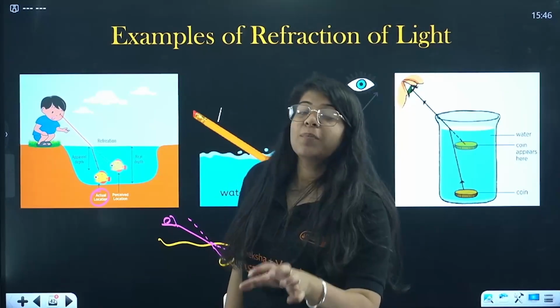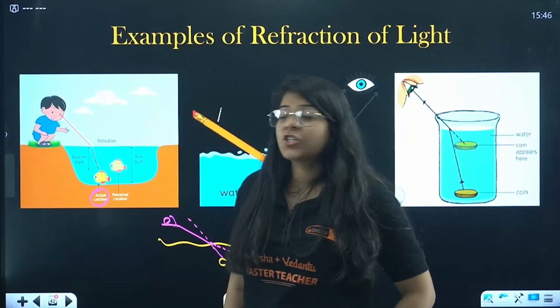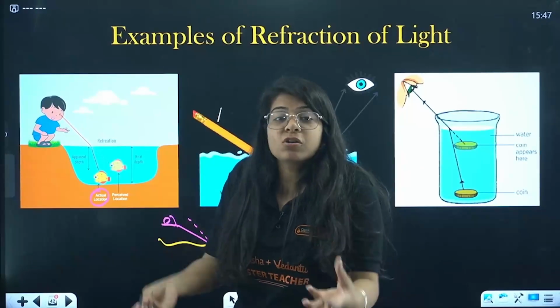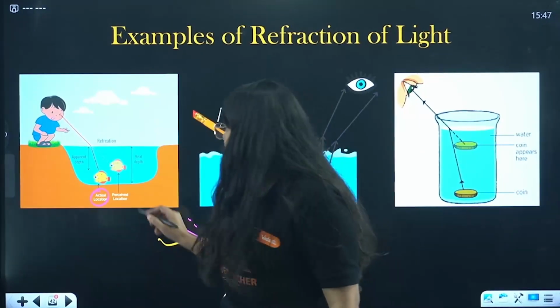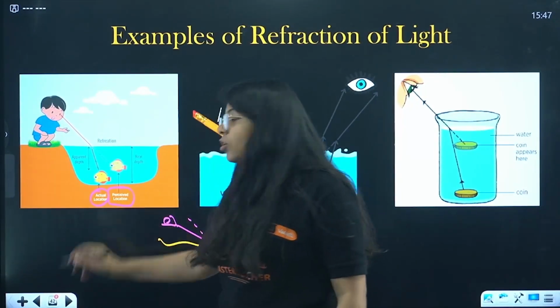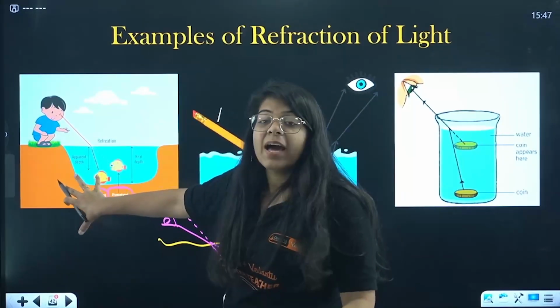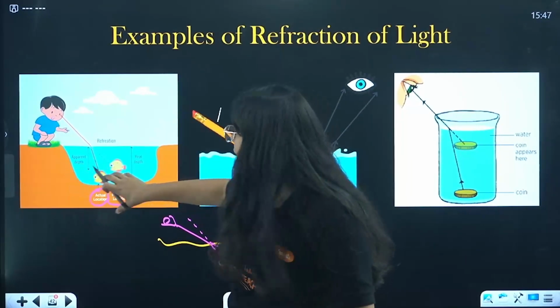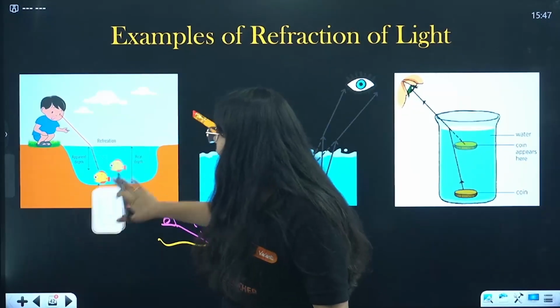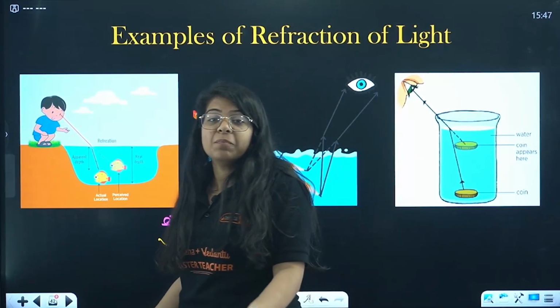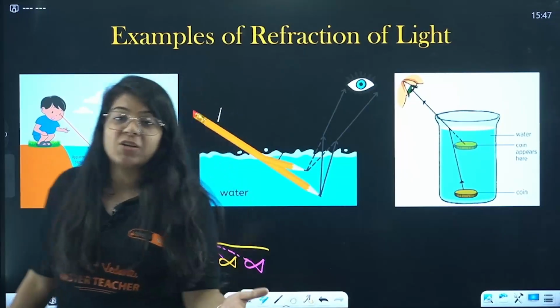The actual position of the fish is called the actual position, but the position where it looks to us like the fish is there is called the perceived location or apparent location. This is the actual location where the fish is, but the apparent location is where the fish looks like it might be because of the refraction.